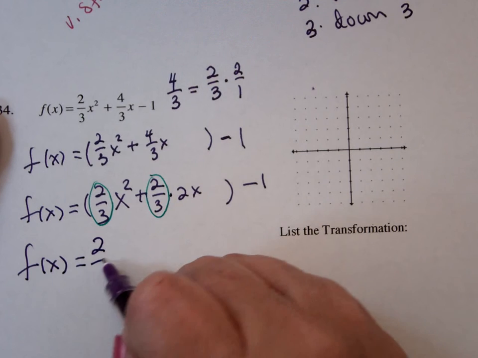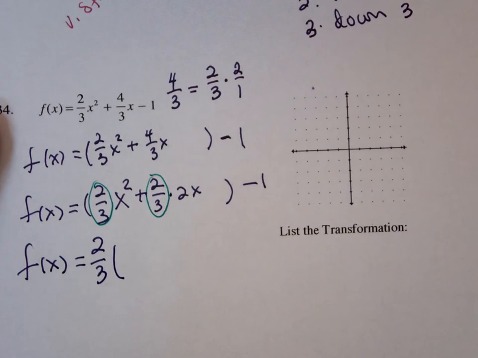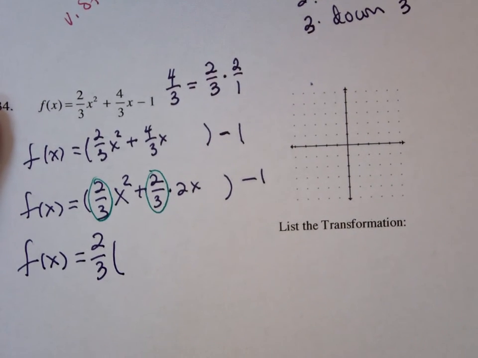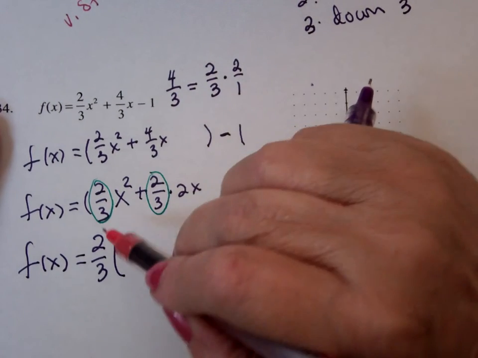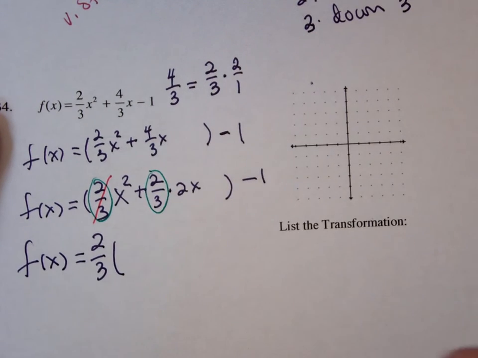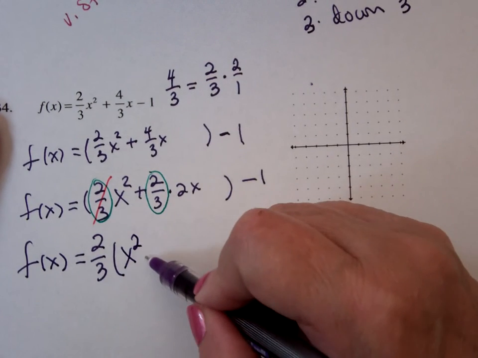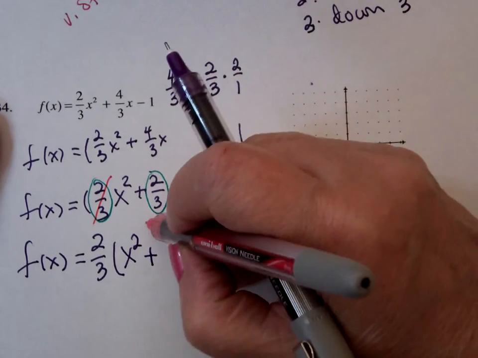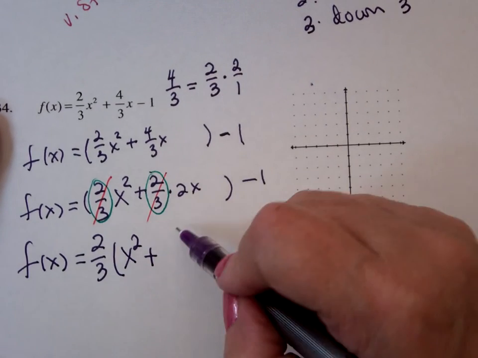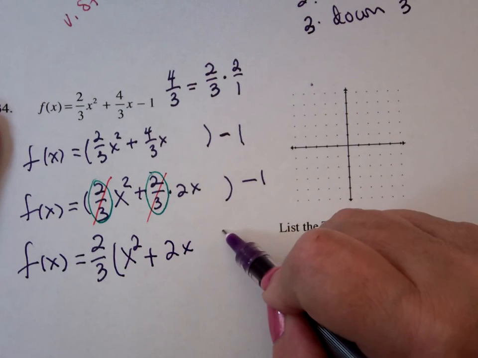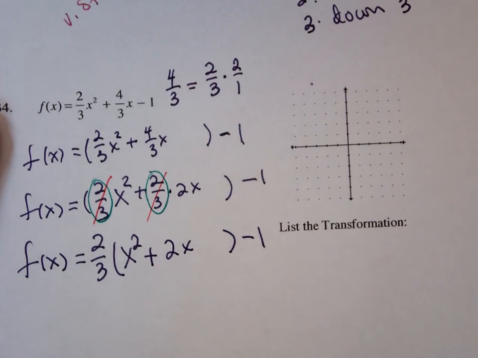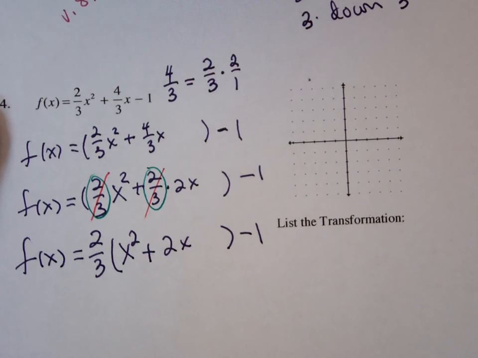So I factor out 2/3. Now here, the 2/3 is gone, so I'm left with x squared plus 2x minus 1. That's why I wrote it as 2/3 times 2. So now I can take the 2/3, and you can see what's going to be left over.